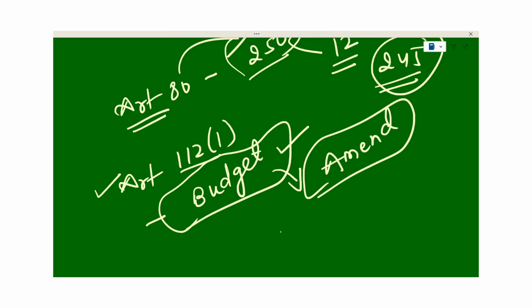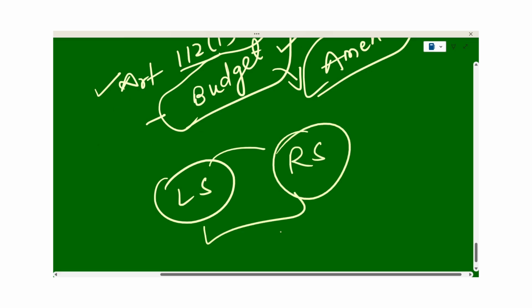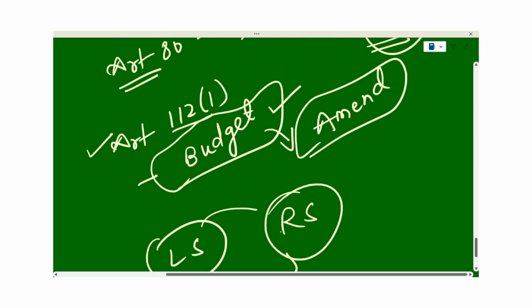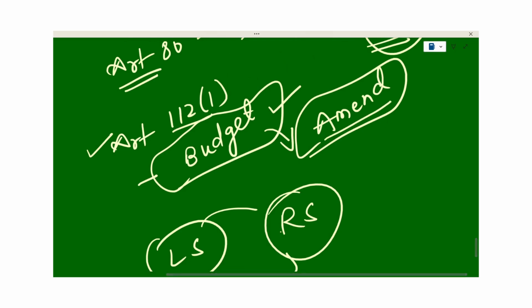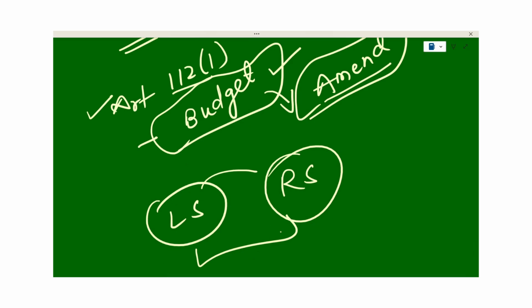Rules of procedure will be followed, and the budget will pass from Lok Sabha to Rajya Sabha in the usual manner, but Rajya Sabha does not have the power to amend any section. It can show its displeasure at any particular section and suggest recommendations, but Lok Sabha is not bound by such recommendations, and even if Rajya Sabha does not pass the budget in 14 days, it is deemed to have been passed.